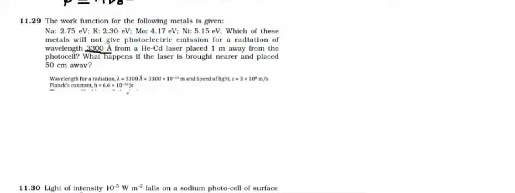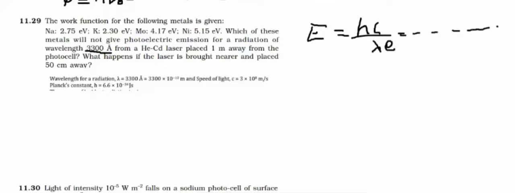Which of these metals will not give photoelectric emission? Here again, you can calculate the energy corresponding to the wavelength. E is equal to hc by lambda. You will get that answer in electron volts, and various energy values are given.